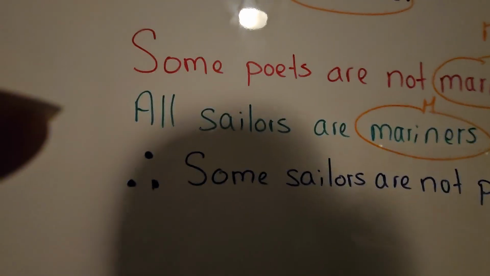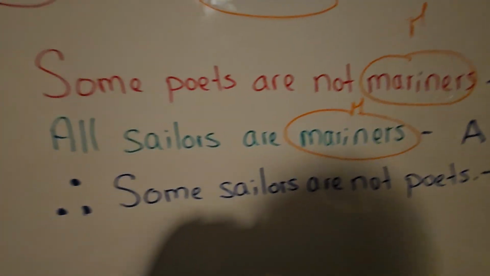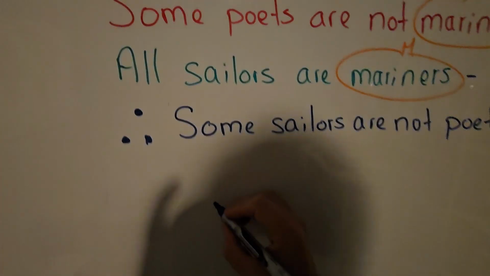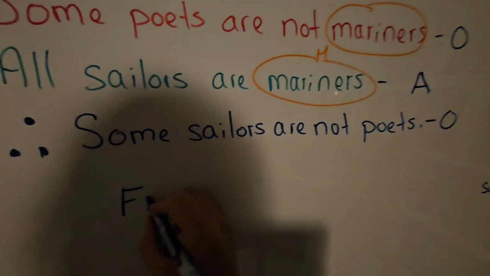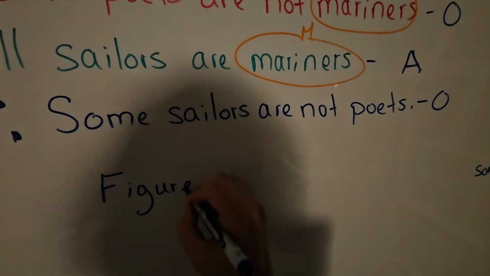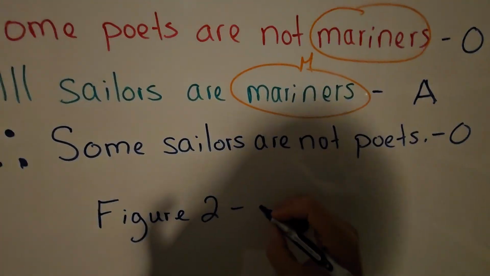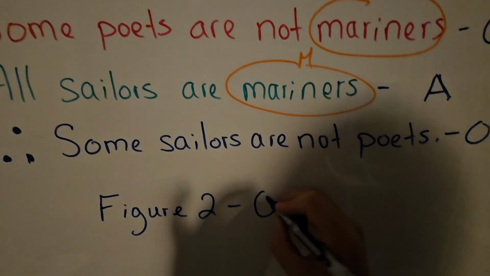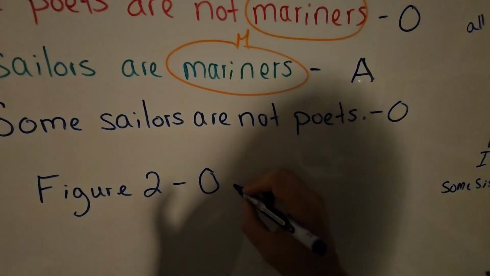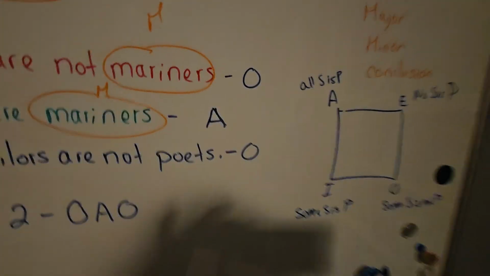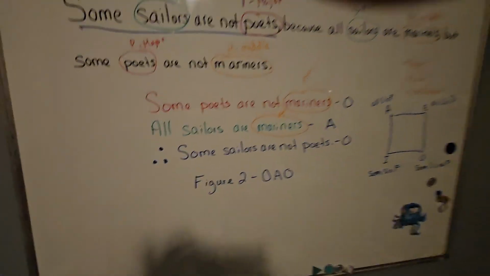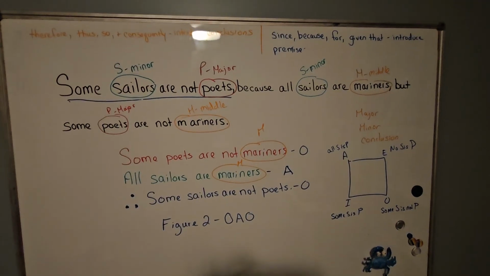So when I ask for the mood and figure of a syllogism, they're going to tell me that it is figure 2 with a mood of O, A, O, which is these, O, A, O, what we did with the square. And that's all that they learned for the week.